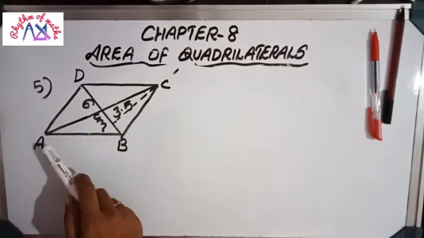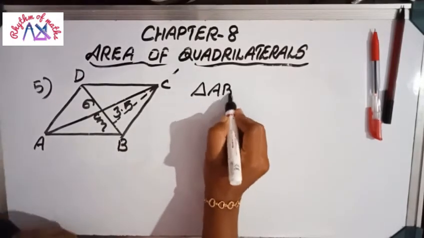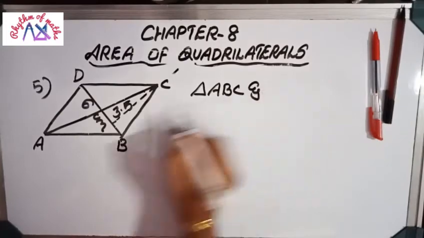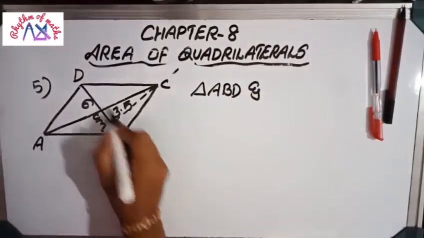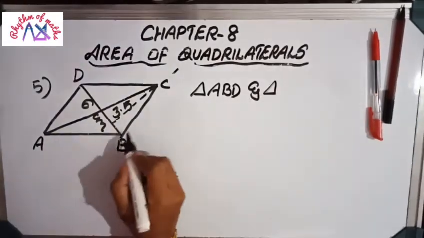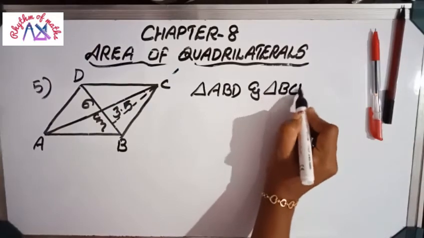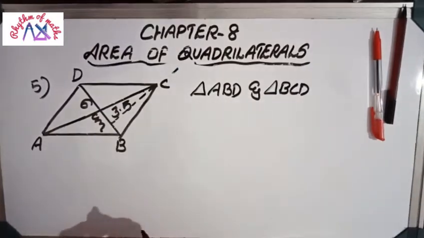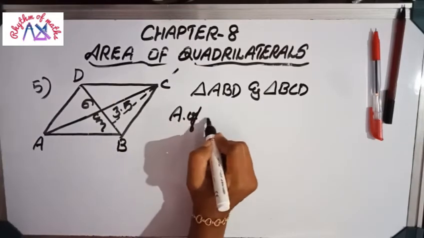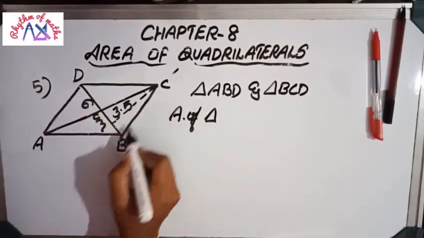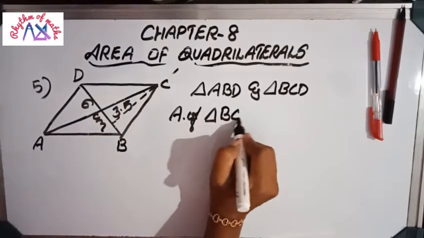That means triangle ABD and triangle BCD. These two triangles have same area. So first of all, let's find area of triangle DBC, because base and height we have.